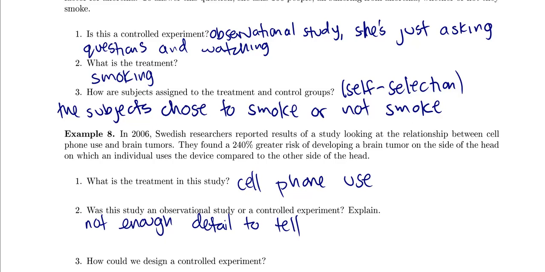But because they didn't tell me for sure what they did, it's usually a safe assumption that they didn't design the experiment well, if they're not proud of how they designed it and they didn't tell you how. Also, it's less likely that they found a bunch of people that didn't have cell phones to start with so that they could do this controlled experiment. And so I would guess that it was an observational study.